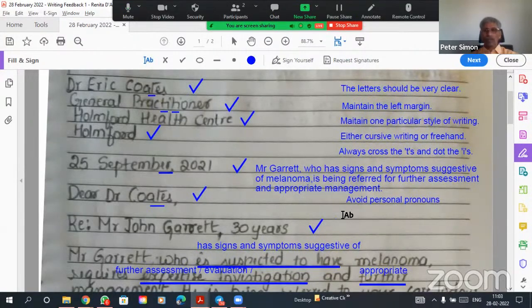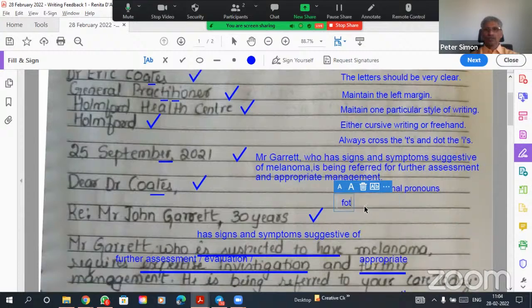So for the last is used for a time period, and since is used for a point of time. So for the last 2 months. Then you will use for the last.